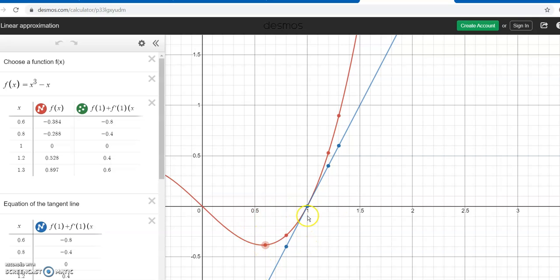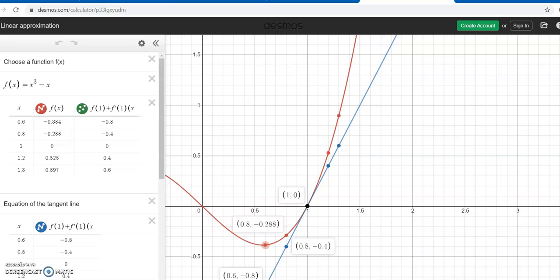So in here, the closest point to the point of tangency, we have the point of tangency at (1, 0). Now we can evaluate, there are 2 points on the tangent line and on the function, and we find the difference between 0.288 and 0.4 is quite minimal compared to these values here.